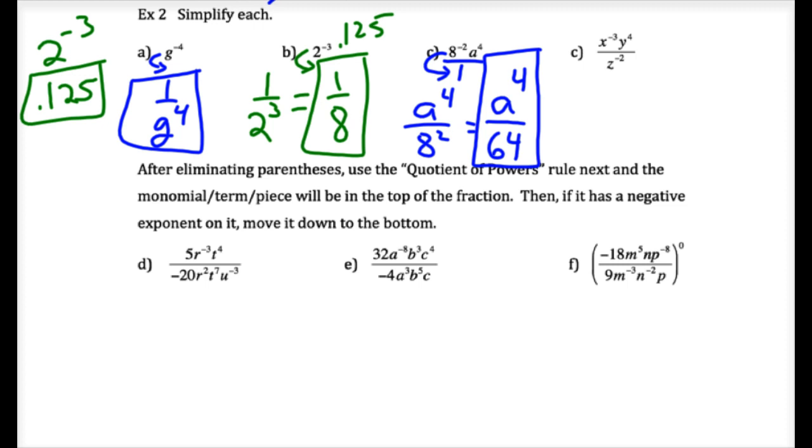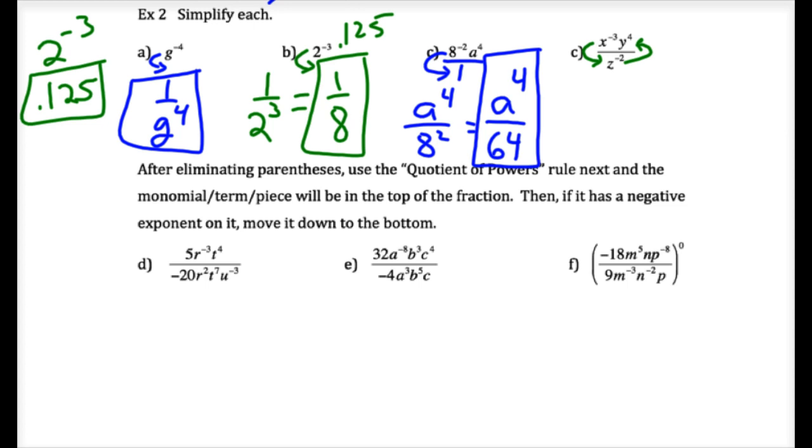Madeline B., what do you think? I heard 1 over, and it's not 1 over something.